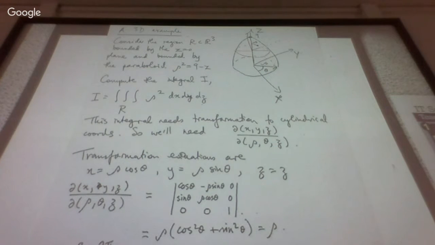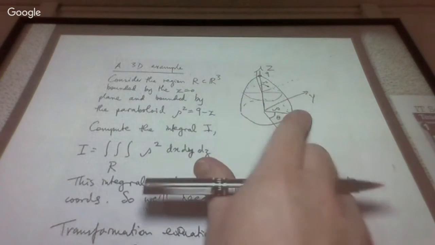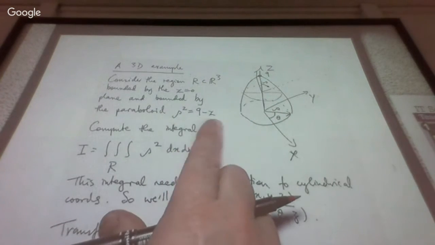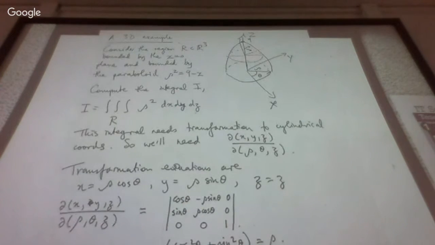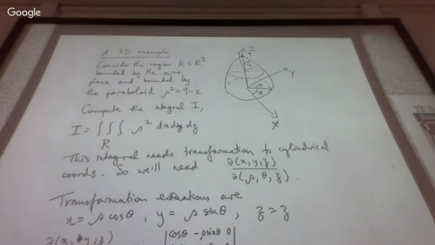What would that be? Well, this is a paraboloid, which is defined by rho squared equals 9 minus z. So the upper limit for rho should be the square root of 9 minus z.